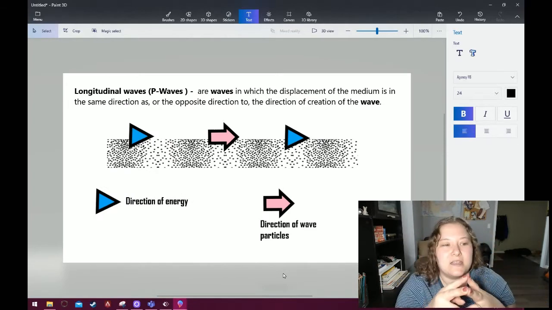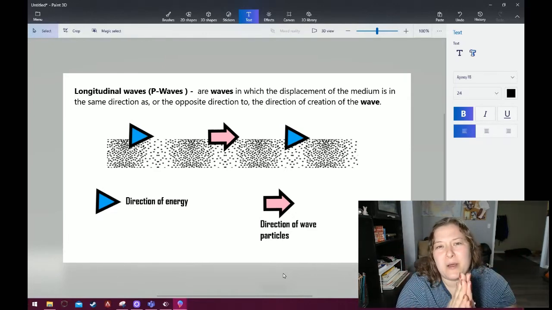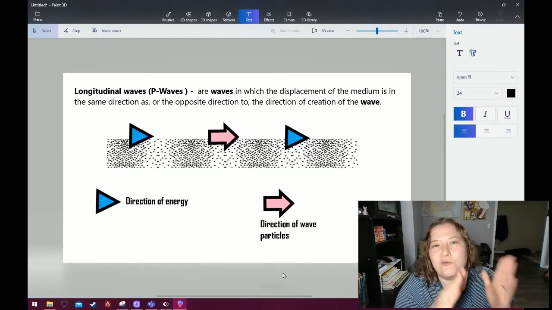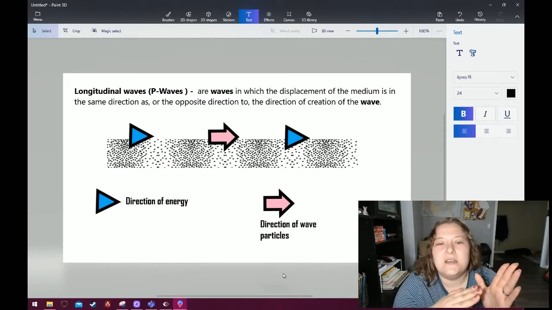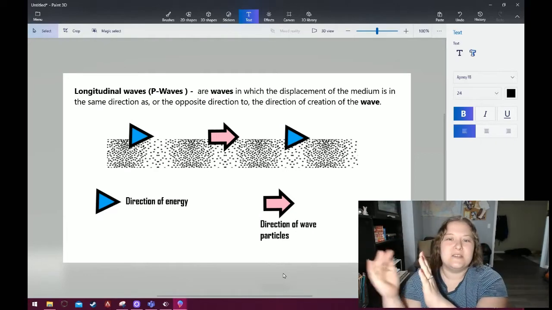Then the second definition is longitudinal waves, and these are waves where it's called the displacement. Remember when we talked about earthquakes, the displacement of water created tsunamis? So the displacement, which means all the particles get moved to a different location, and because of that, all the other particles also have to move to it.